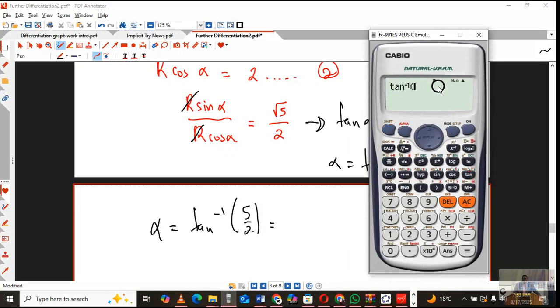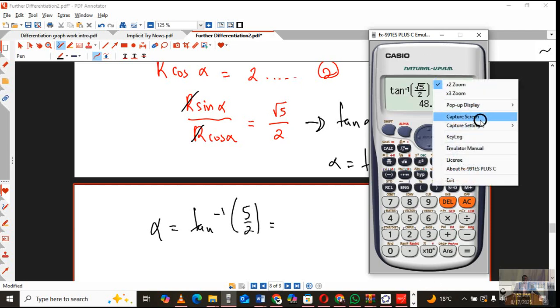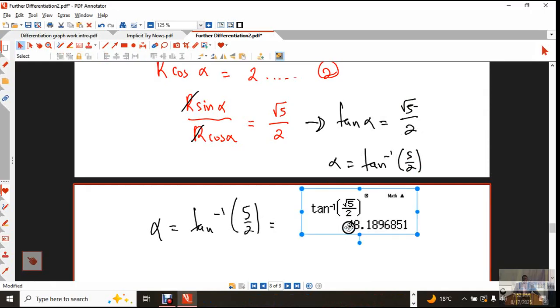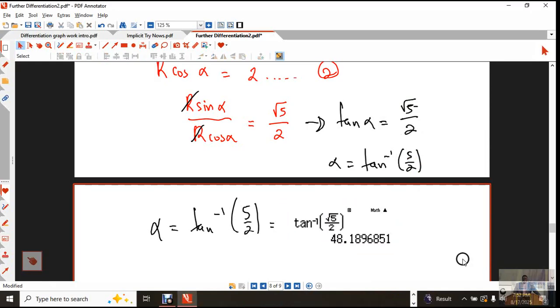Make sure your calculator is in degree mode because they gave us the domain in degrees. Root 5 over 2. Oopsie, I have to correct that. That's root 5 over 2. Okay, so we're going to get 48.18. So that is the solution to that.